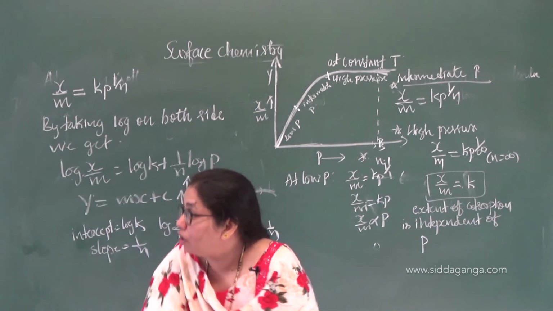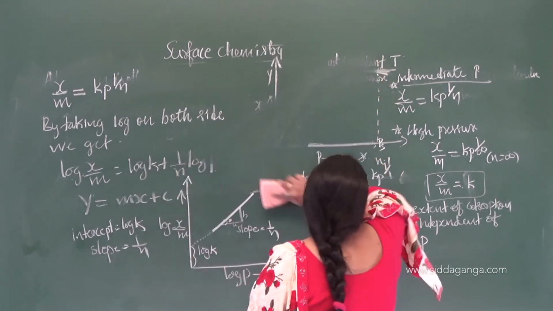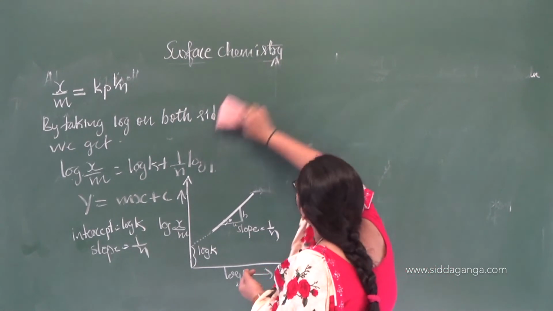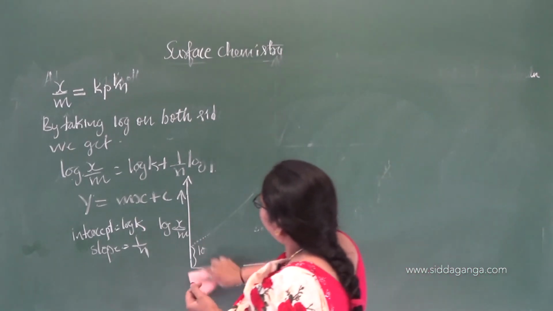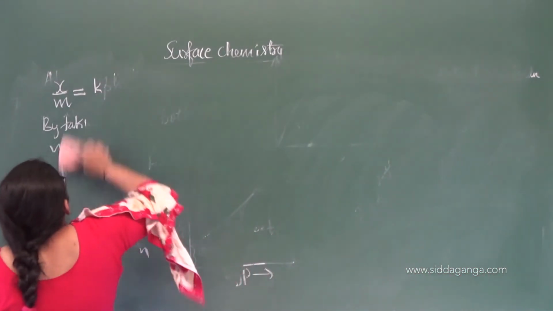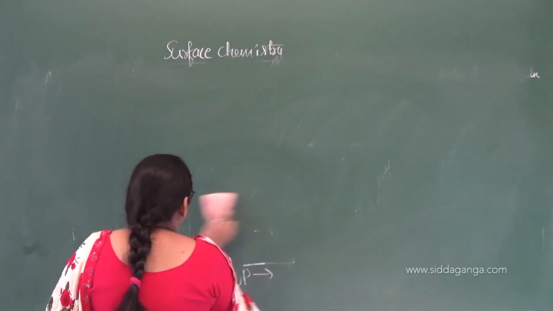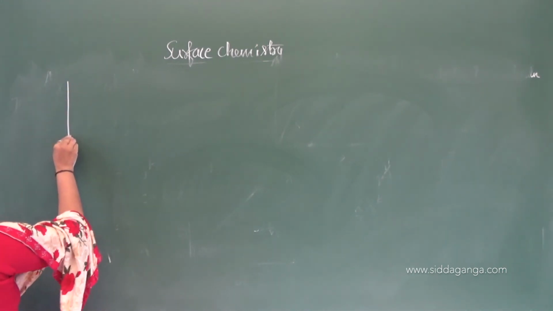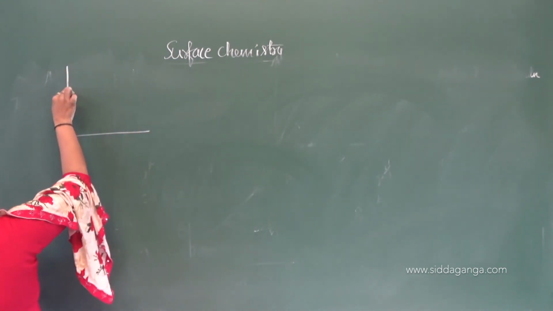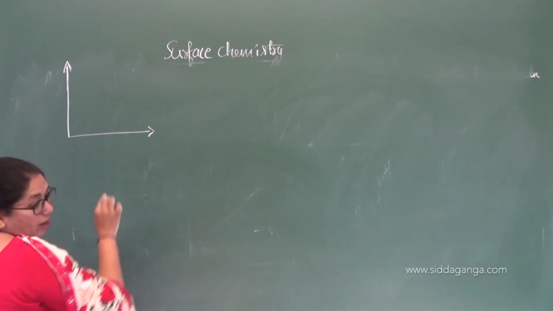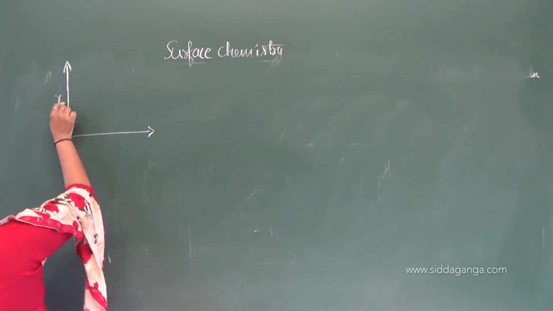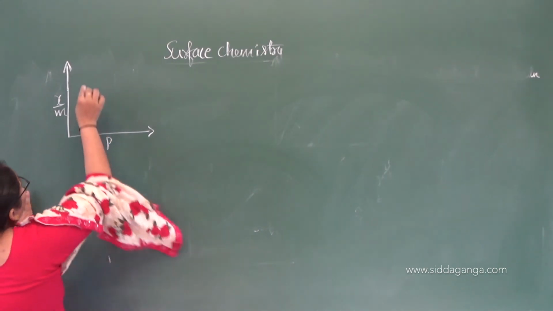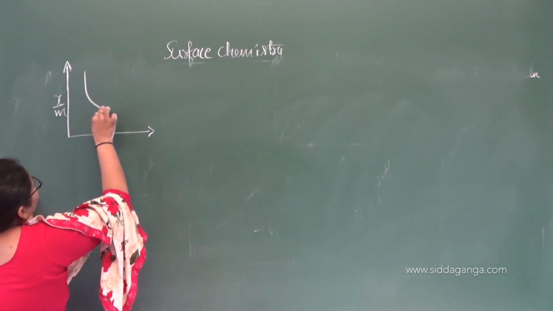How do you identify whether it is chemisorption or physisorption, depending upon the graph? That also you should know, because you are going to get questions. If you take extent of adsorption versus pressure, it decreases with an increase in pressure.